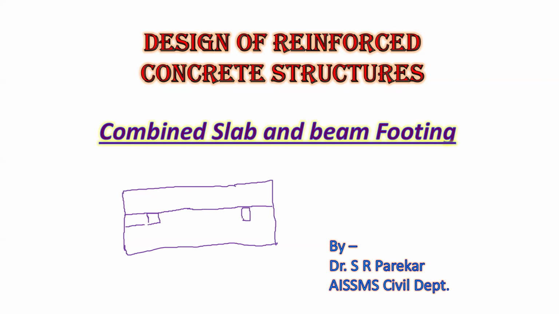Likewise, we provide the beam. This beam resists loading along the length, and the slab is responsible for loading along the width. So the slab is designed for transverse load and the beam is designed for longitudinal load.